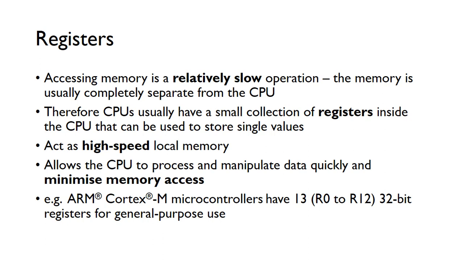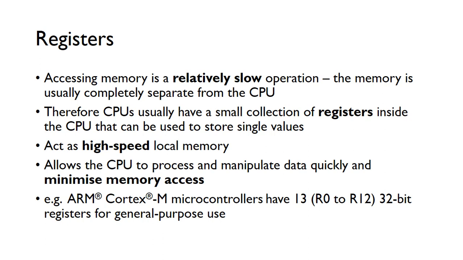So typically CPUs have a small collection of registers actually inside the CPU. There's not a lot of memory, if you will, inside the CPU, and it just allows us to store several values inside of it. This acts as very high speed local memory. These registers are memory inside of the CPU, so it's very high speed compared to reading from RAM, or even a hard disk, which is even slower.